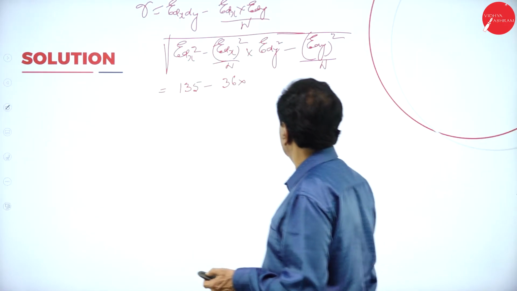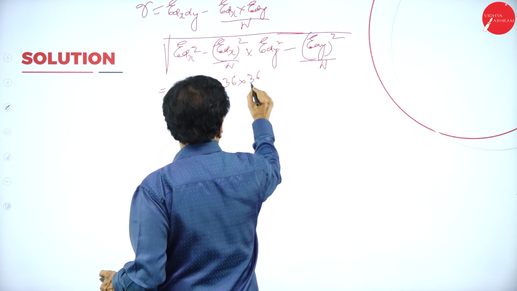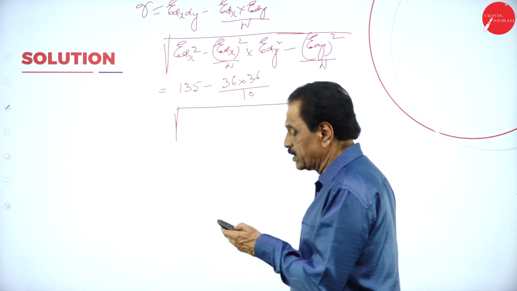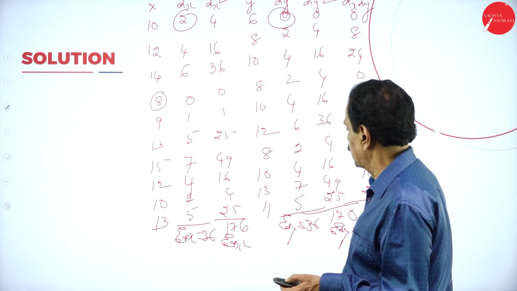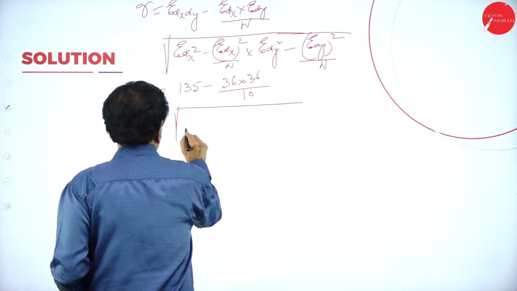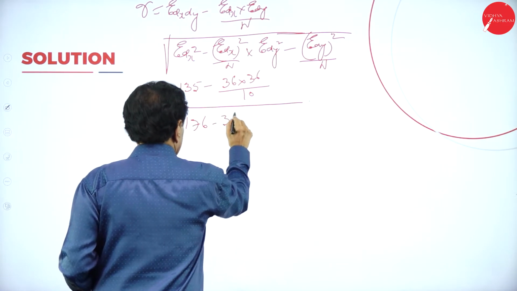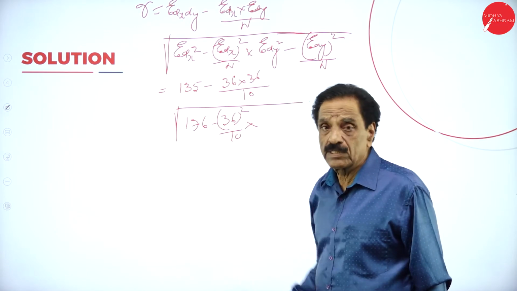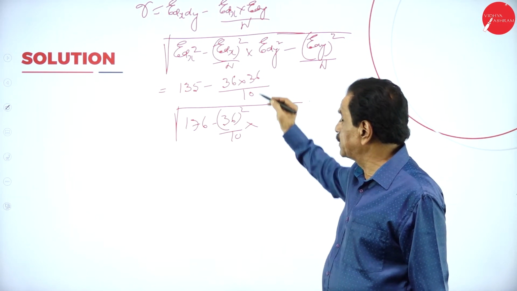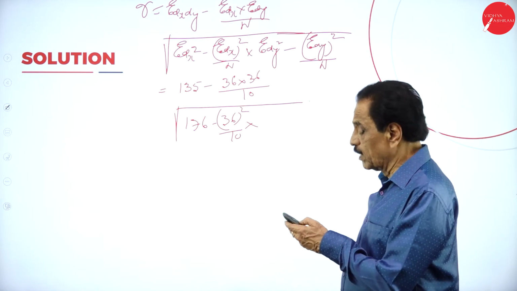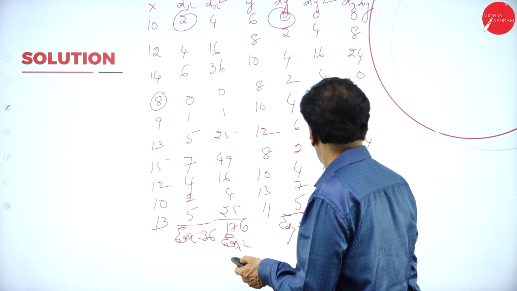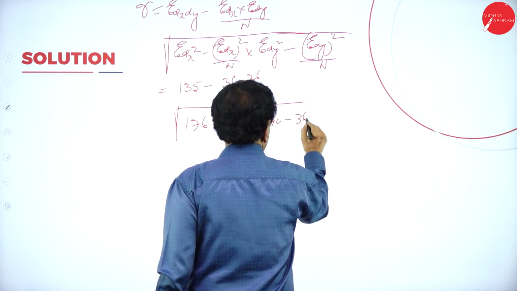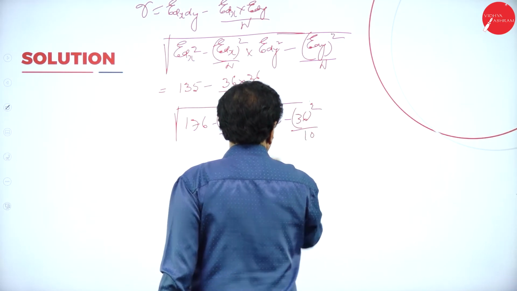Also 36, divided by 10, divided by root of what is sigma dx square? 176 minus 36 whole square divided by 10. So sigma dx square is 176 minus 36 whole square divided by 10. Sigma dy square is 170 minus 36 whole square divided by 10.